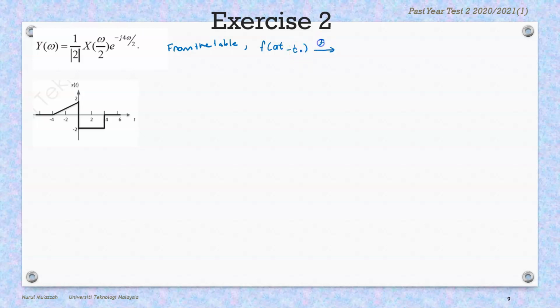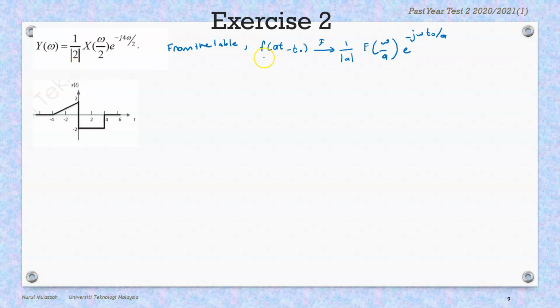If we perform the Fourier transform, we will get 1 over a F omega divided by a, exponent negative j omega t naught over a. So we match with this equation.